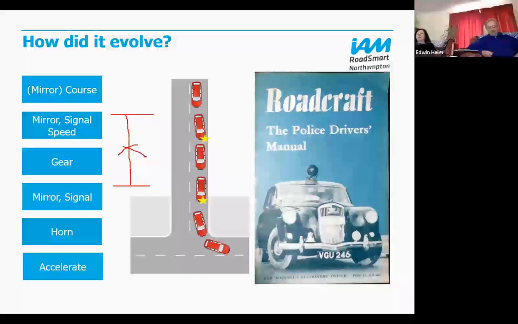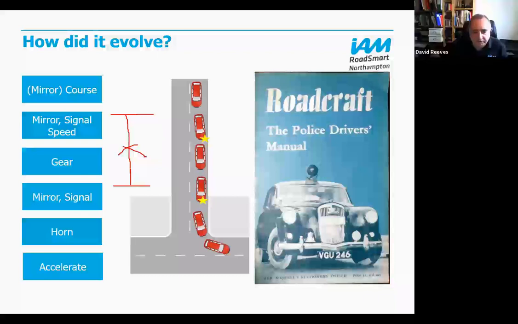Now, this point was argued with me by a chief observer of a group I was in. He had all sorts of good reasons why you must only signal there or only signal here. And it blatantly didn't make any sense. But nevertheless, we can all be pedants on these things.